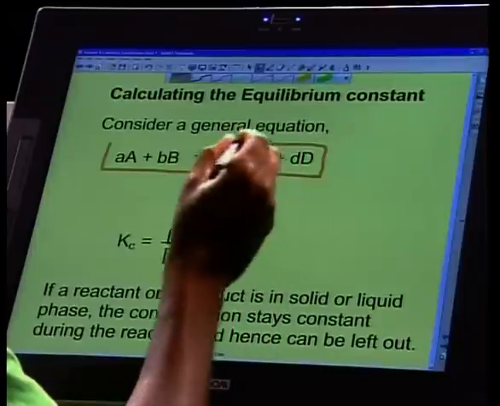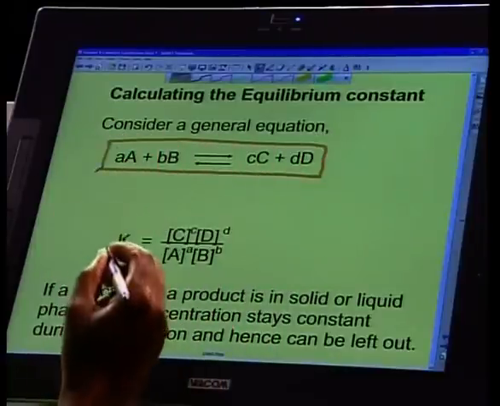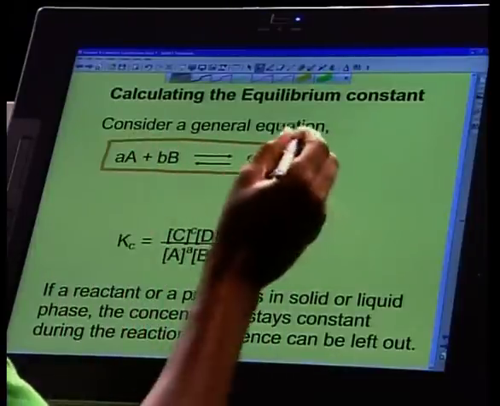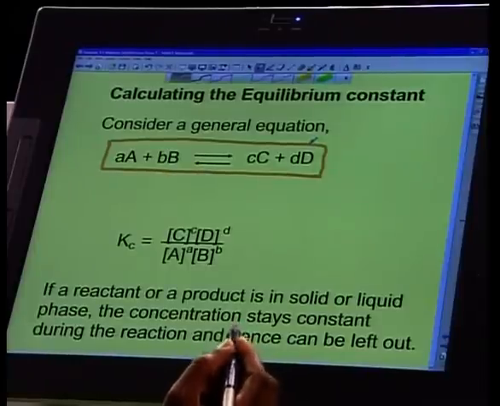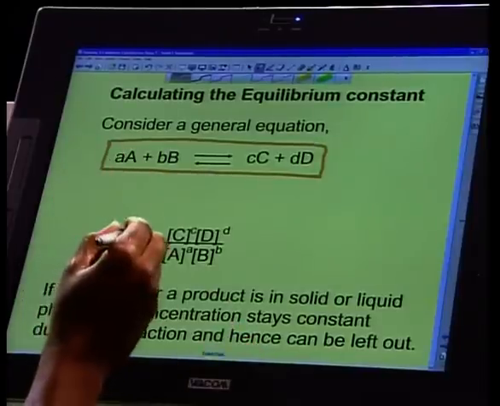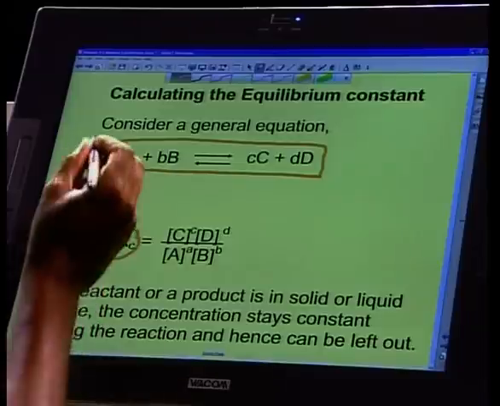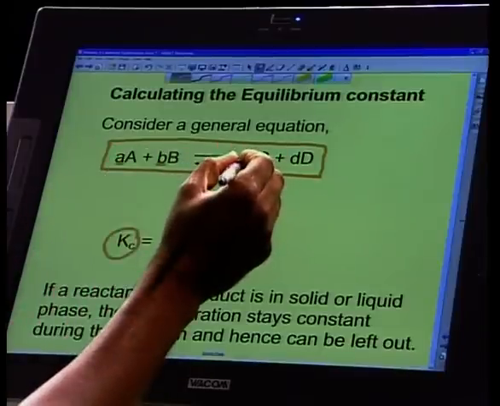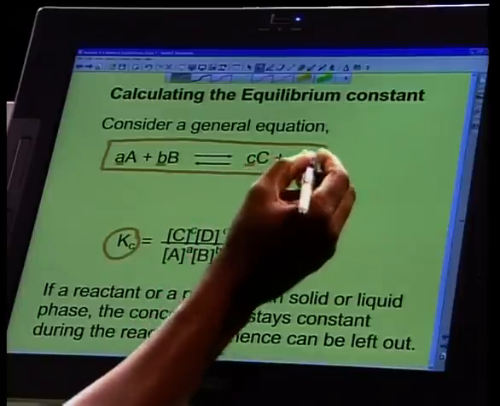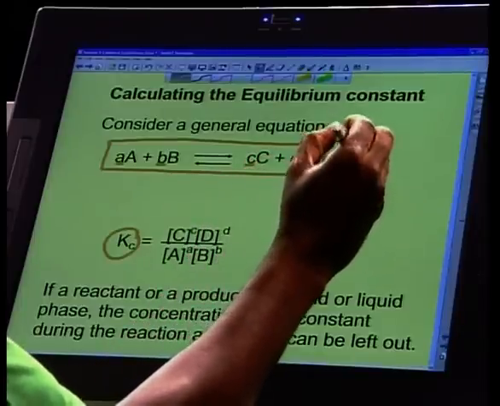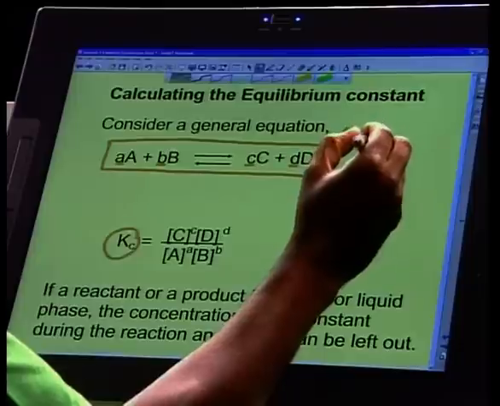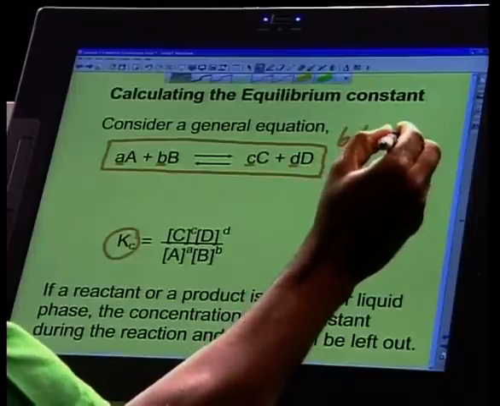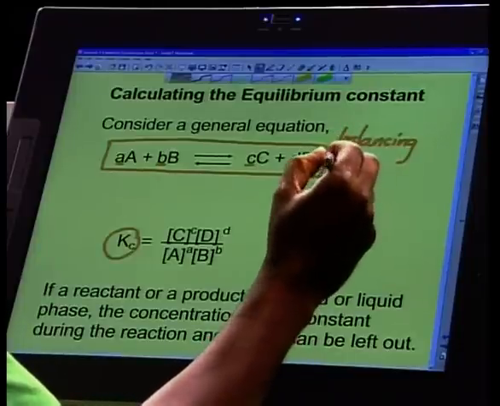Now here is an equation that I have just written down earlier on, and it is in equilibrium. So if we consider this equation here, for us to calculate the Kc, this is how we do it. Remember I said the small a, small b, small c, and small d are balancing factors.